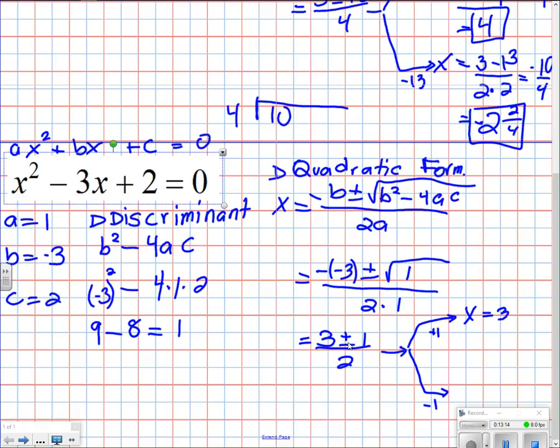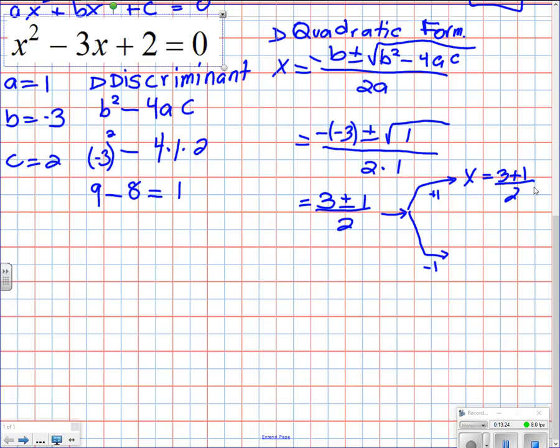The 1 has no choice, he must be positive 1 all over 2. And 3 plus 1 will give you 4. So this will be 4 divided by 2. And 4 over 2 will give you 2 goes into 4 2 times, so the answer will be 2.